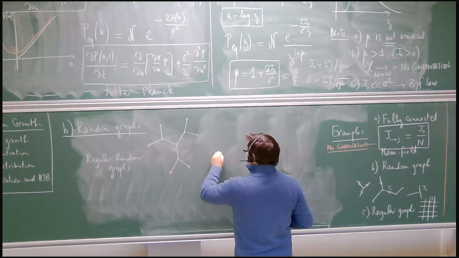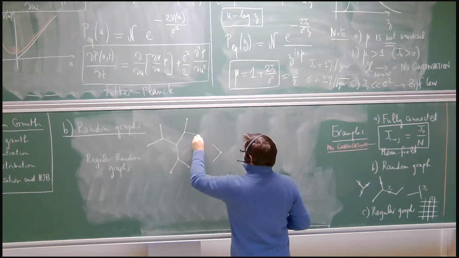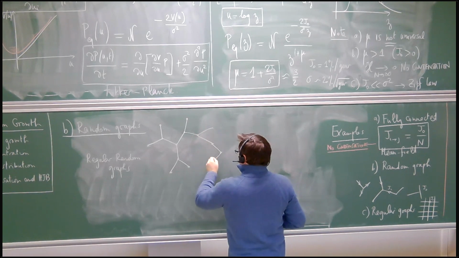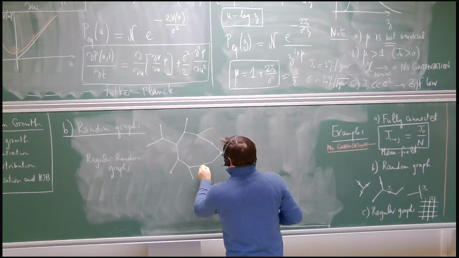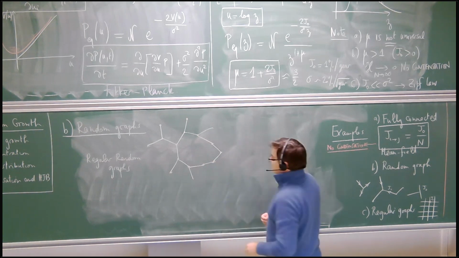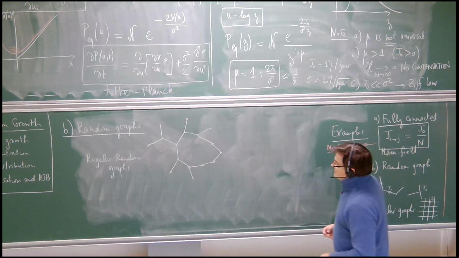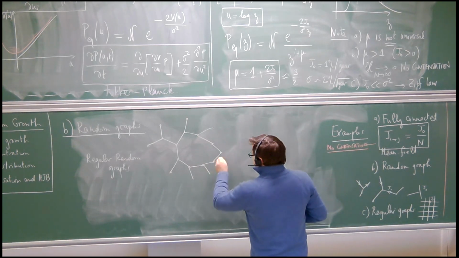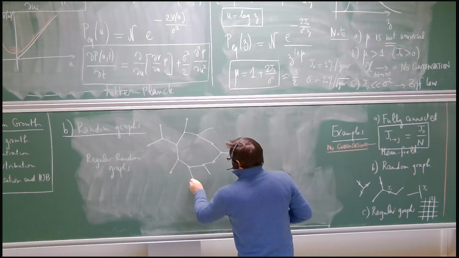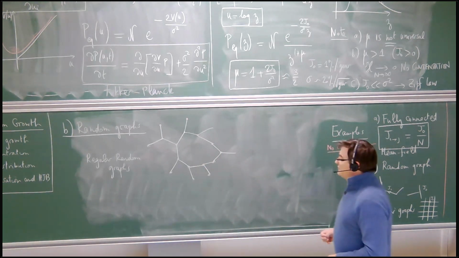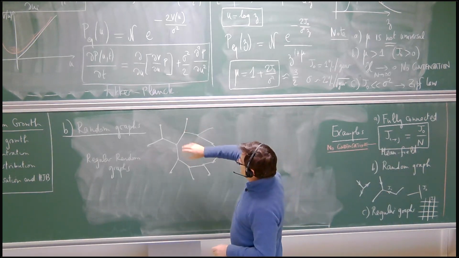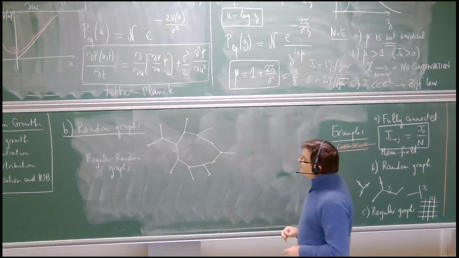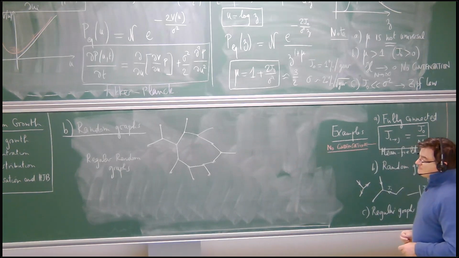So for example, this guy here might be connected to these 2 ones, and then okay. So this is a random regular graph, in the sense that sites are connected randomly to other sites, but each site has a fixed connectivity.